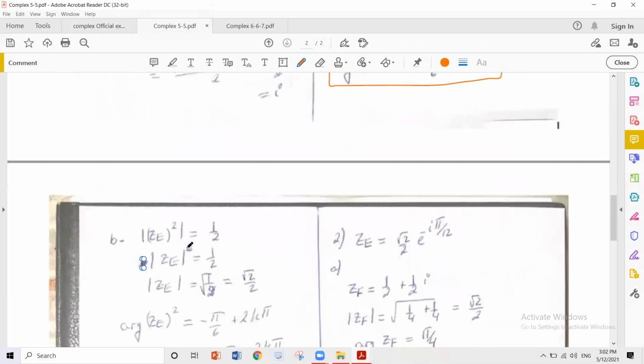It means modulus of ZE squared equals half. Modulus of ZE is radical 1 over 2, which is radical 2 over 2.